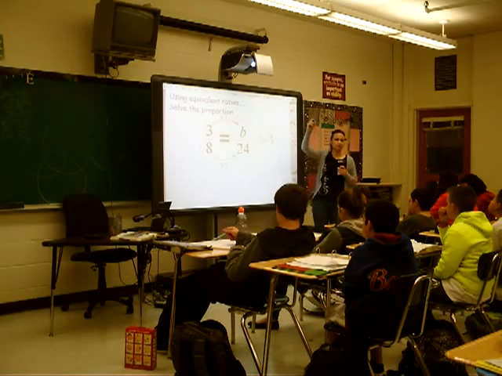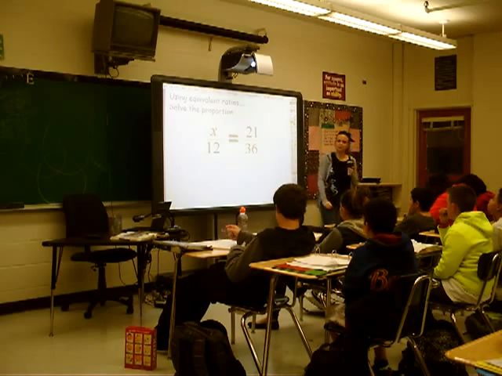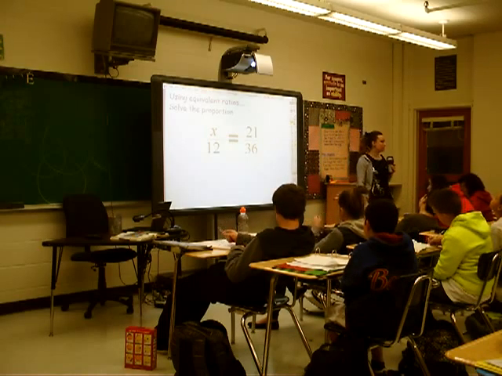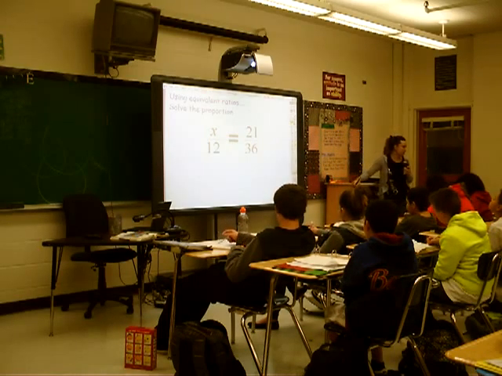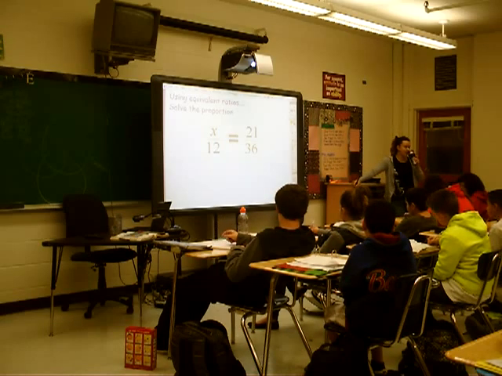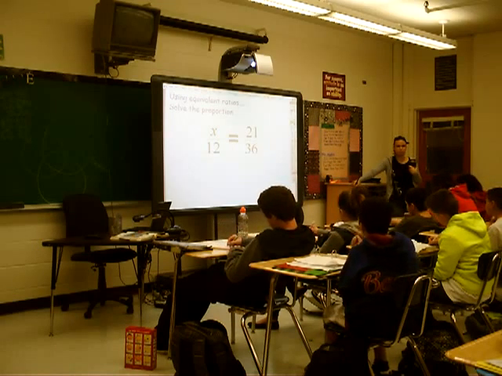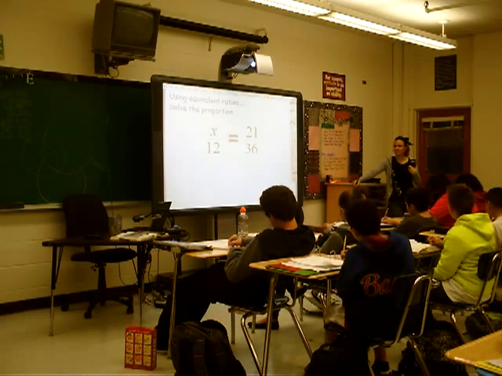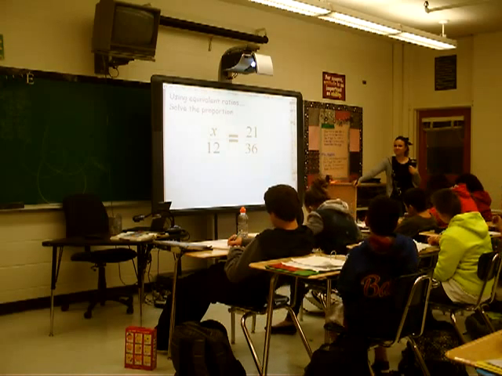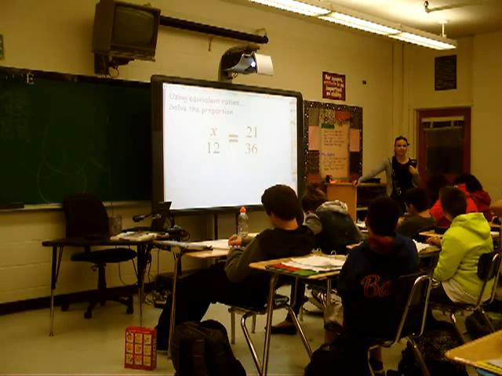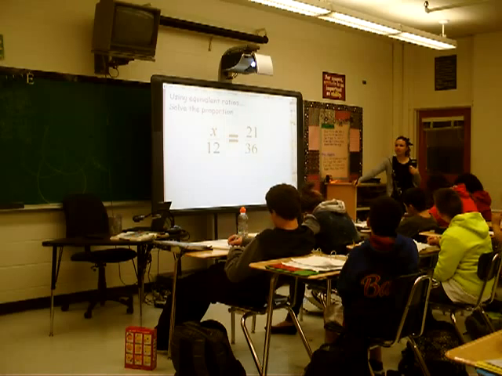Ready to try one of these on your own? See, I told you we started with the hard stuff. Try this one. This one might be a little bit tricky. Question? Okay, Jacob, what'd you do?